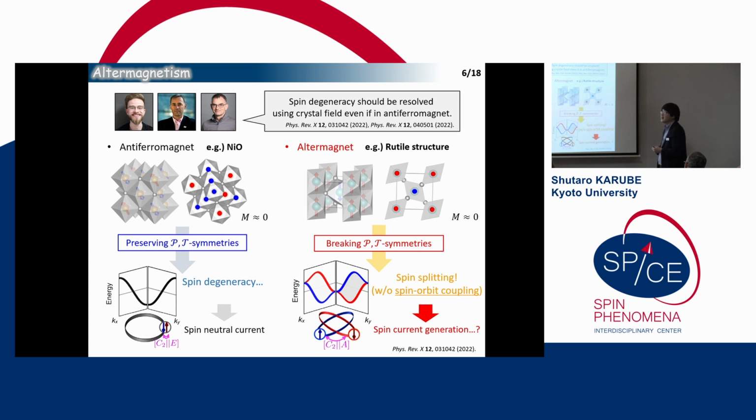According to the previous discussion, maybe the breaking parity symmetry for the altermagnetism is not important, but in this case, there should be the parity and the time reversal symmetry breaking. So this leads to the spin splitting, even without the spin orbit coupling. So based on this magnetism, we should get spin current generation, especially this spin current depends on the Néel vector in the antiferromagnet.